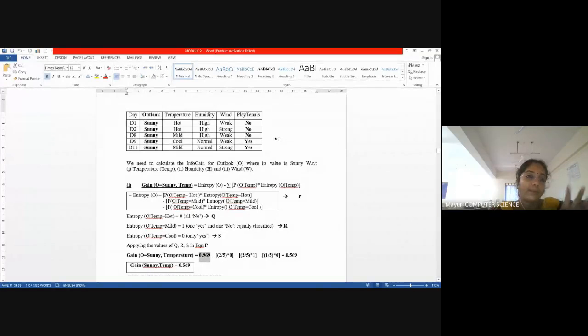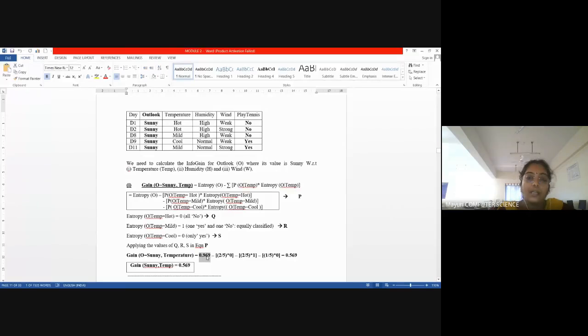This is the total entropy of the resultant table. Earlier we took the complete 14 samples. Now I am not taking those 14 samples. I am taking samples of Outlook that are only sunny. Have you understood how this 0.969 has come? Entropy of this: out of 5 samples, 3 by 5 are no, 2 by 5 are yes, with log of probability.